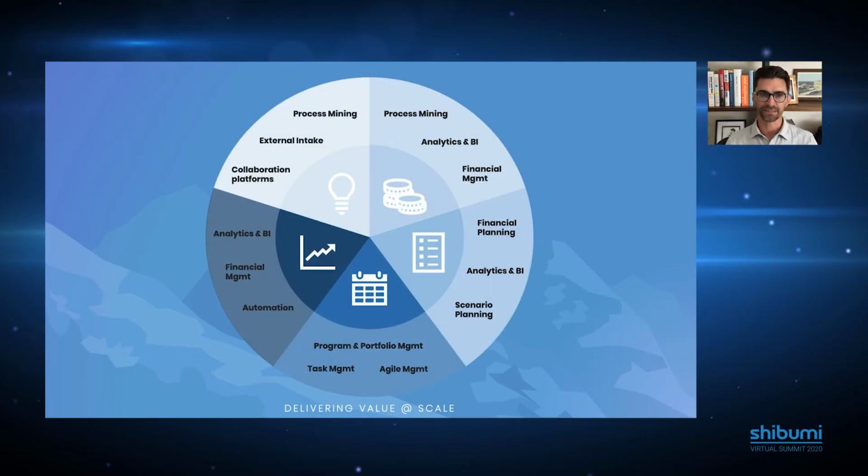As we're capturing ideas, we can integrate to everything from collaboration platforms like Slack to process mining applications like Fortress IQ and Celonis. Defining the business case and capturing the expected benefits often involves integration to financial management systems and business intelligence platforms to strengthen the case.